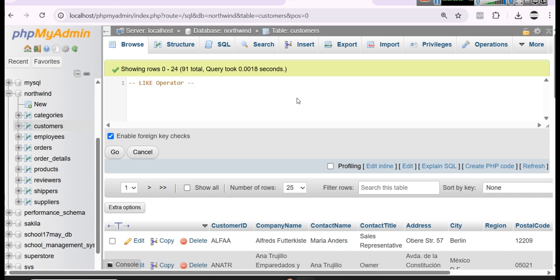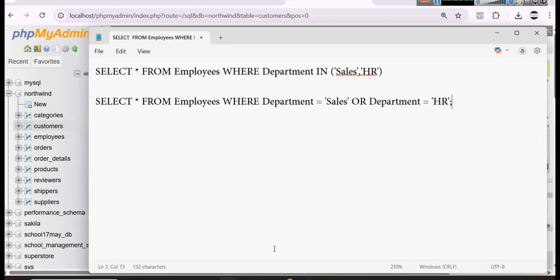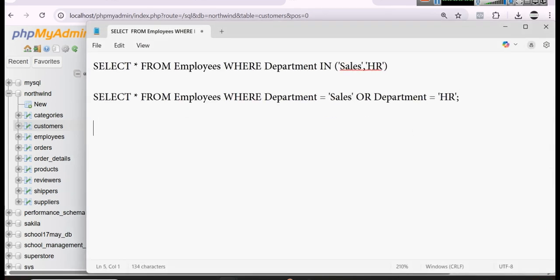This operator has three conditions, and you can take your notebook and write it down. Like operator can give us answers for three conditions. First condition is contains. Second condition is starts with, and third condition is ends with.